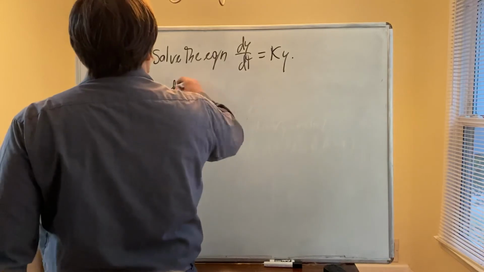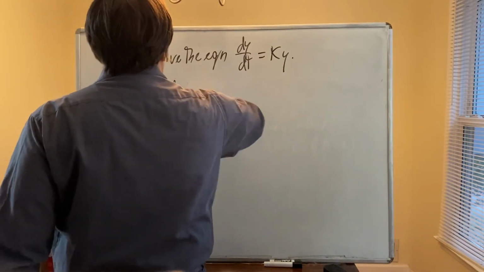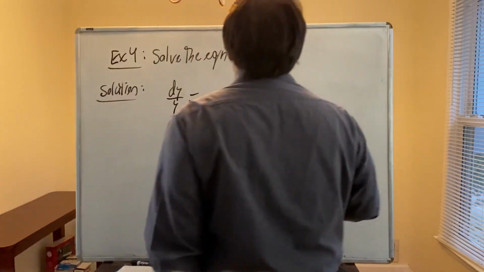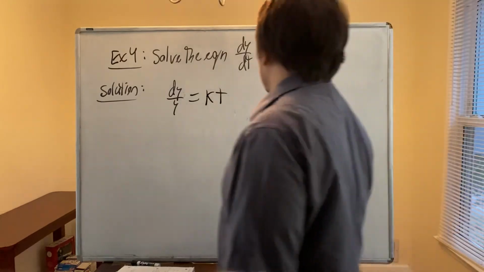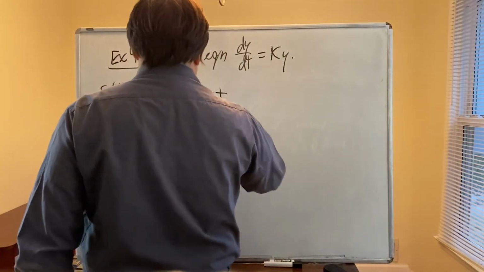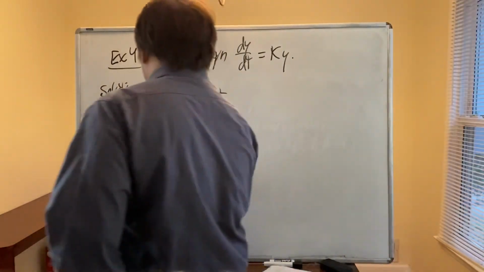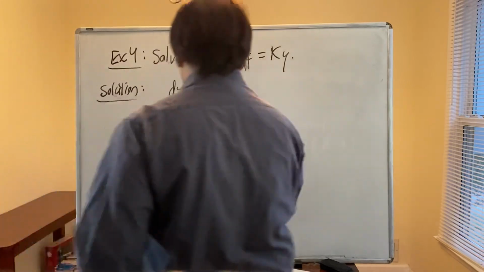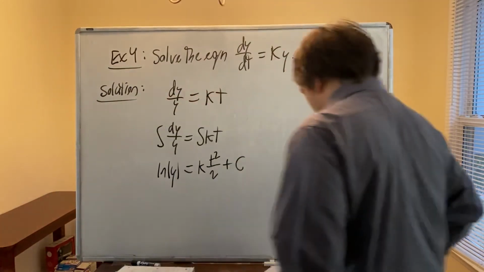So what you get is dy over y. That's usually how people write it. Dy over y is equal to k dt. Writing in differential form, and then integrating, you get the integral of dy over y is equal to the integral of k dt. The integral on the left side is ln of the absolute value of y equals the integral on the right side.